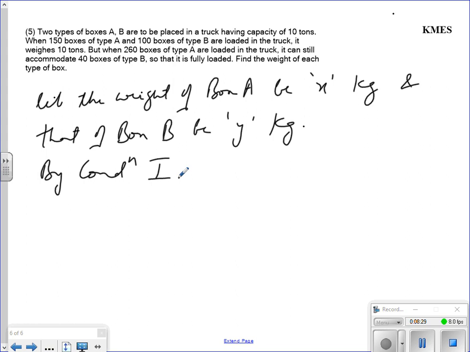That is our first condition. So 150 boxes of type A, that will be 150x kg, plus 100 boxes of type B, that will be 100y, together comes to 10,000 kg. So that will be the first equation here.